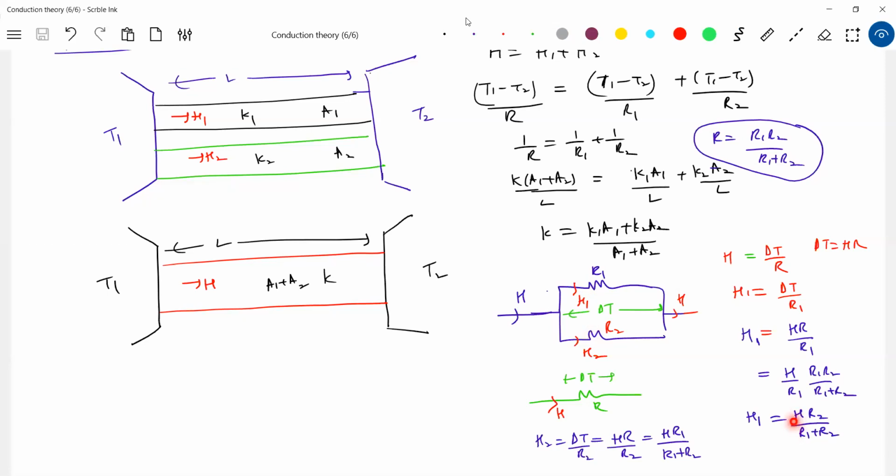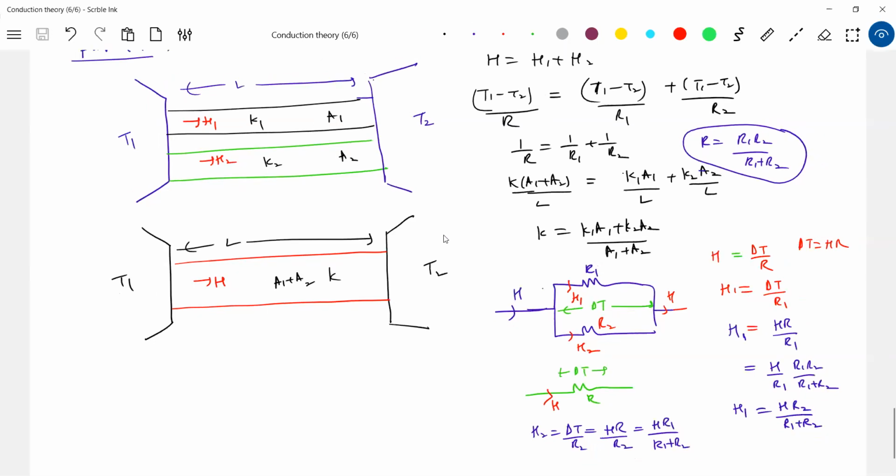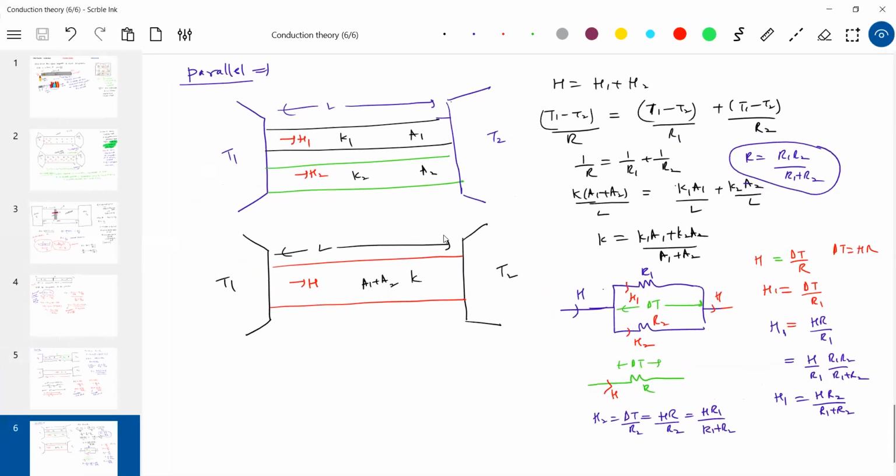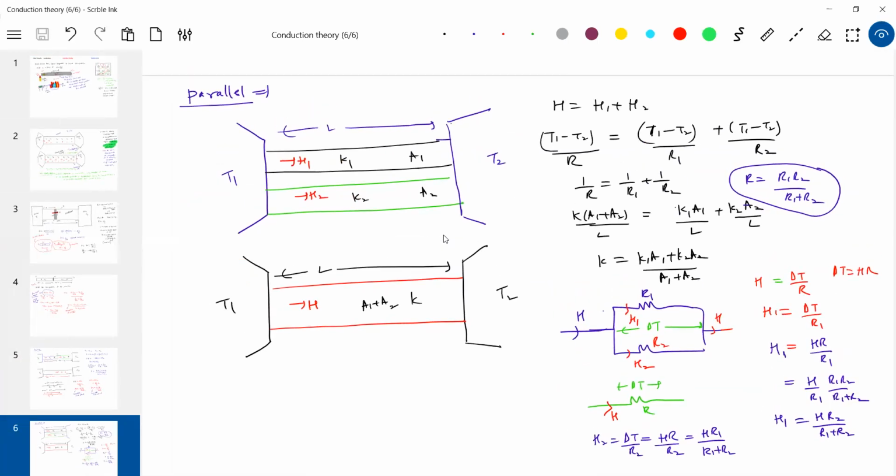No need to write other things, no need to use any other alternative method. This is the basic idea of parallel. It is the same series and parallel we studied; the same ideas are being applied here.